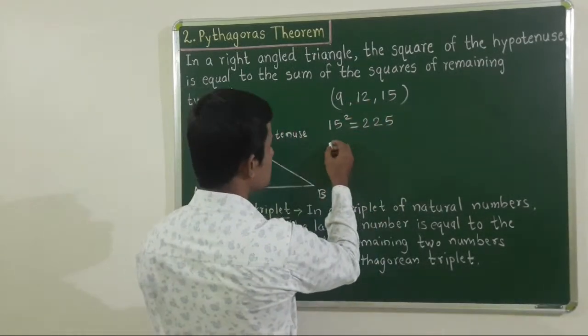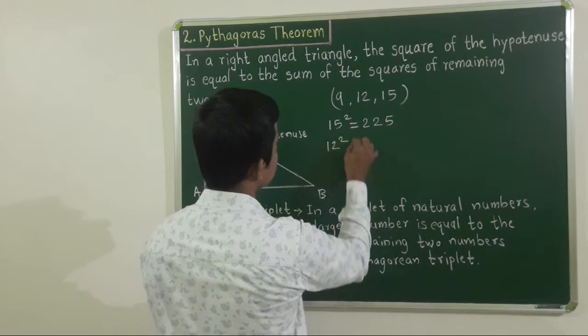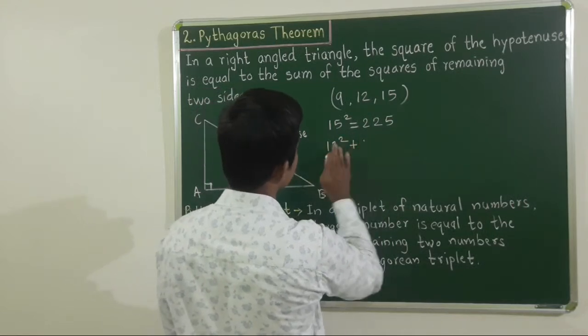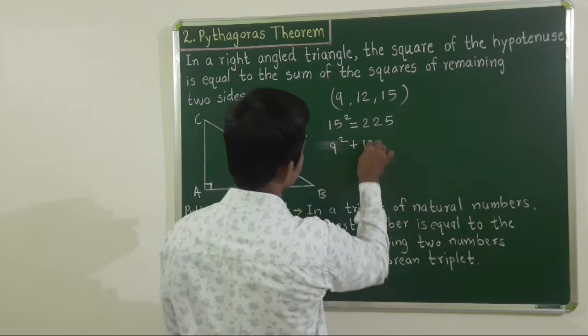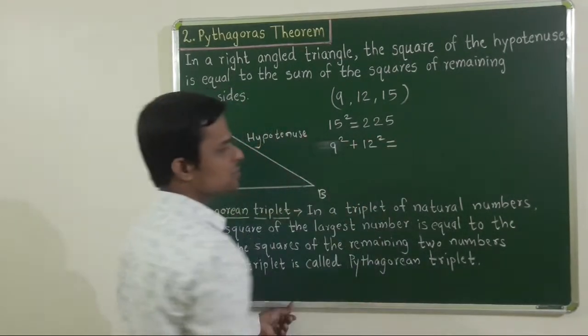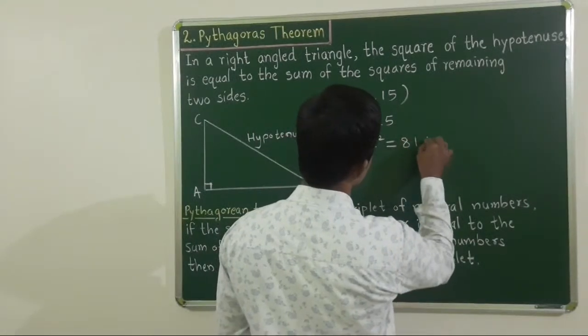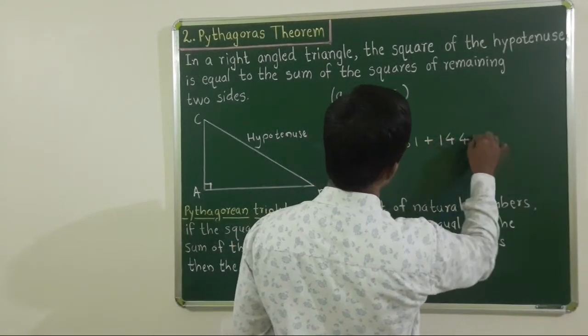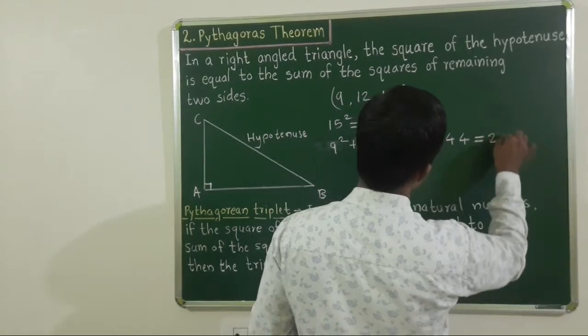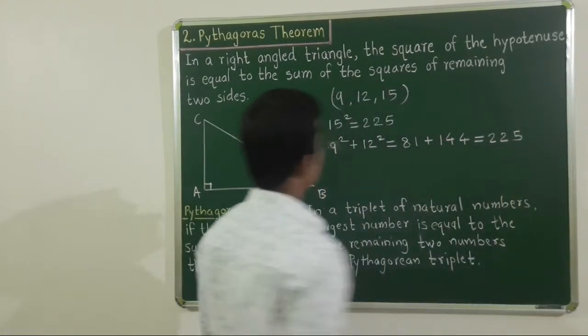Take the sum of squares of the remaining two numbers, that is 12 square plus 9 square, or we can also write 9 square plus 12 square. 9 square is 81, 12 square is 144, and that is equal to 225.